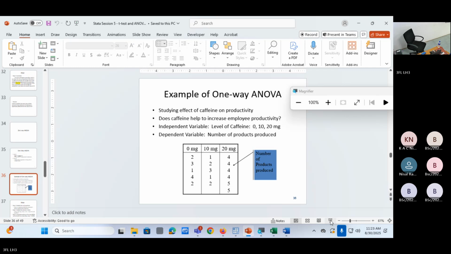Simple process. So what's the null hypothesis? Can you suggest the null hypothesis? No difference.